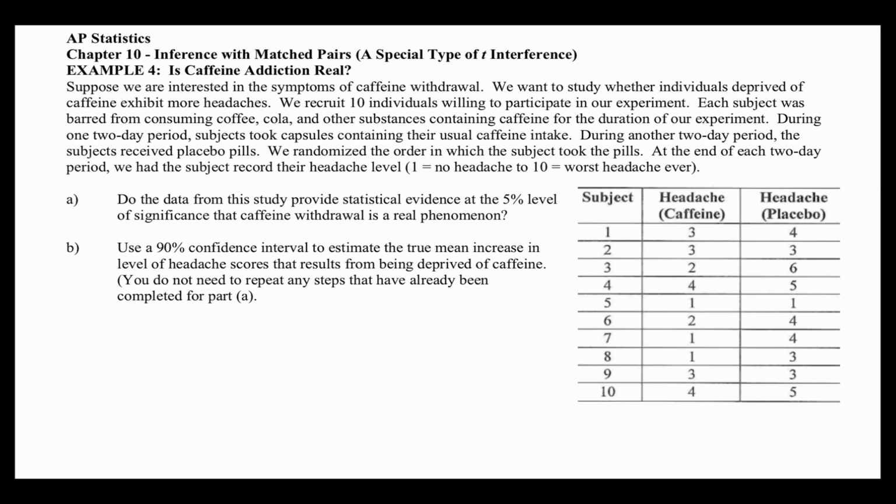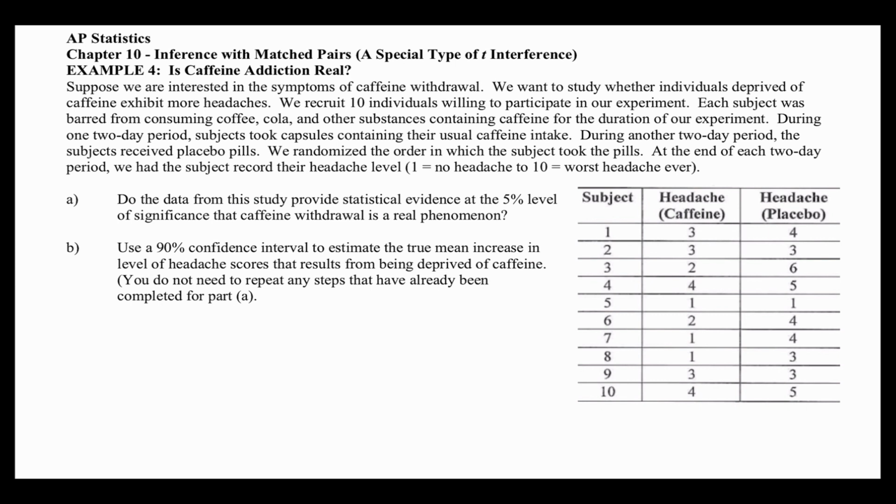Okay, read it to yourself. That's a lot of stuff, so you can read it to yourself. So data is recorded. We recruit 10 individuals willing to participate in our experiment. Each subject was barred from consuming caffeine during the duration.